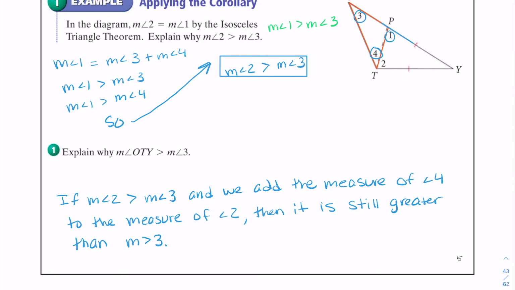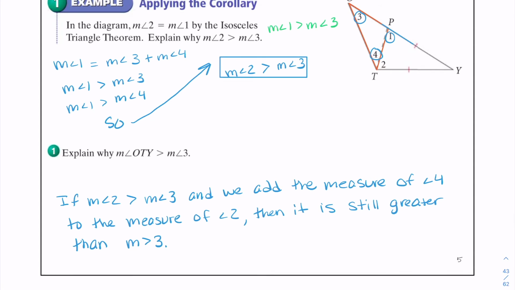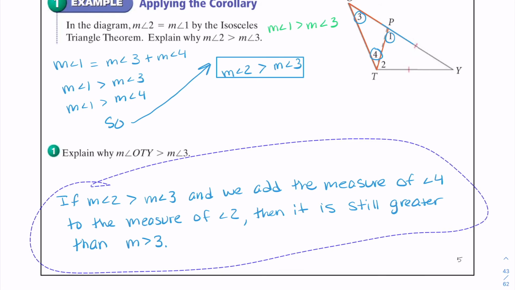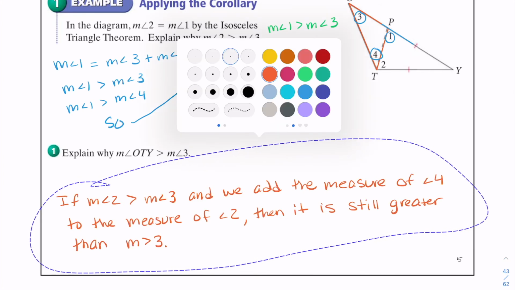So the measure of angle 1 is greater than the measure of angle 3, and the measure of angle 1 is greater than the measure of angle 4. That means that the measure of angle 2 is greater than the measure of angle 4. Oh, no, the measure of angle 2 is greater than the measure of angle 3. Yep. All right. Sorry, just a lot to say and do.